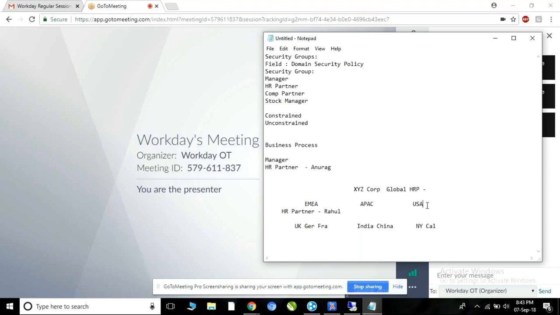If we are assigning the HR partner role unconstrained, and he is from USA, then are we mapping the HR partner role to the USA supervisory organization?